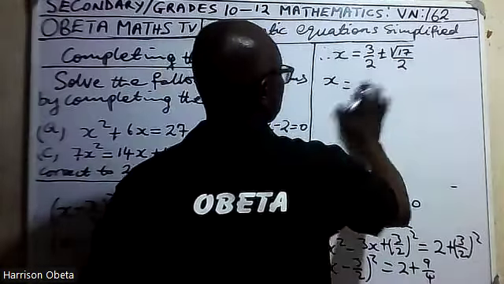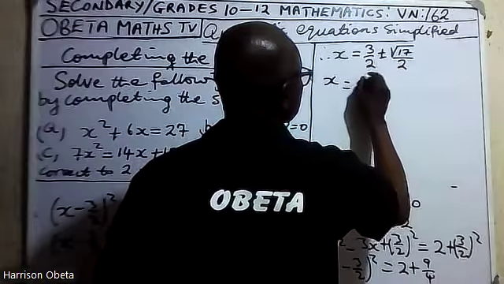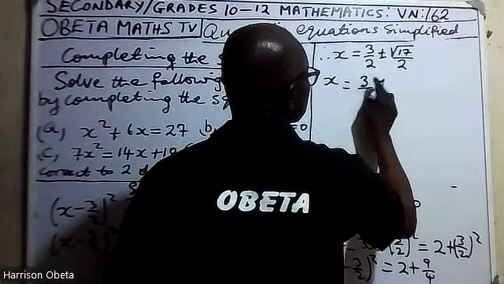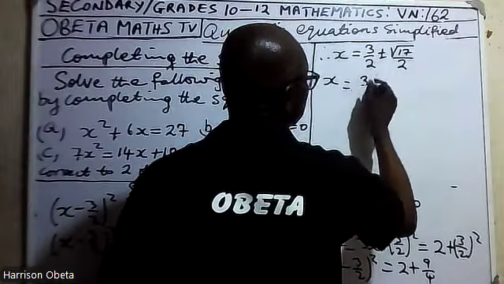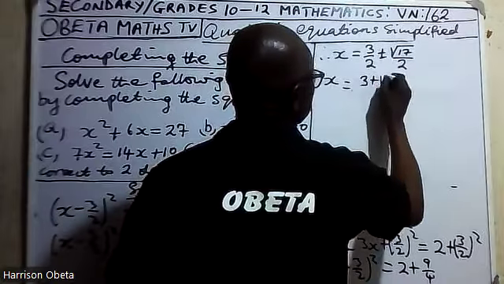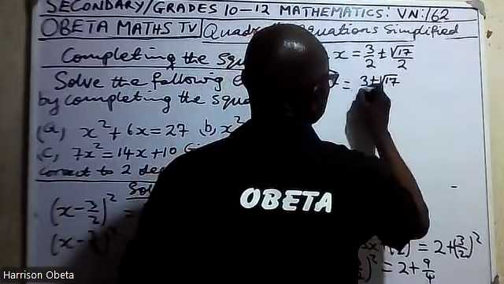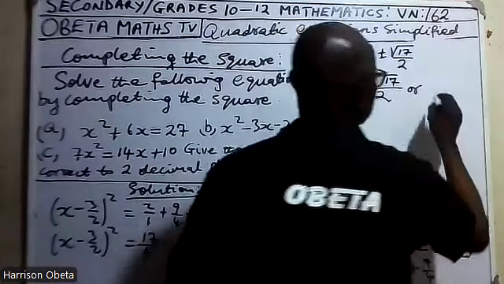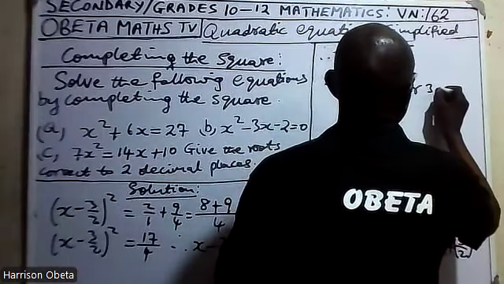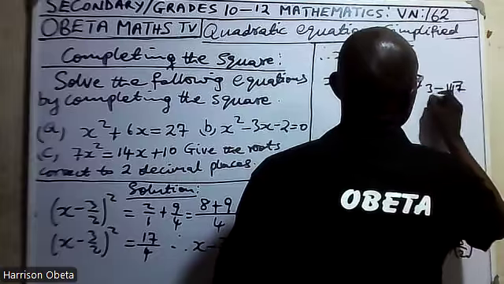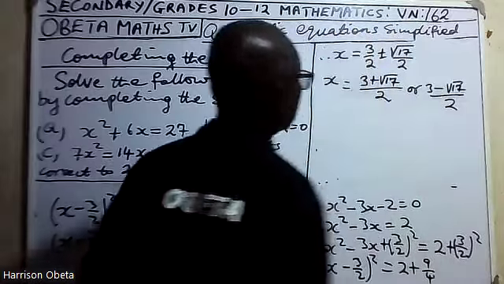Can combine the two. Since we have a common denominator, it's either 3 plus root 17 all over 2 or 3 minus root 17 all over 2.